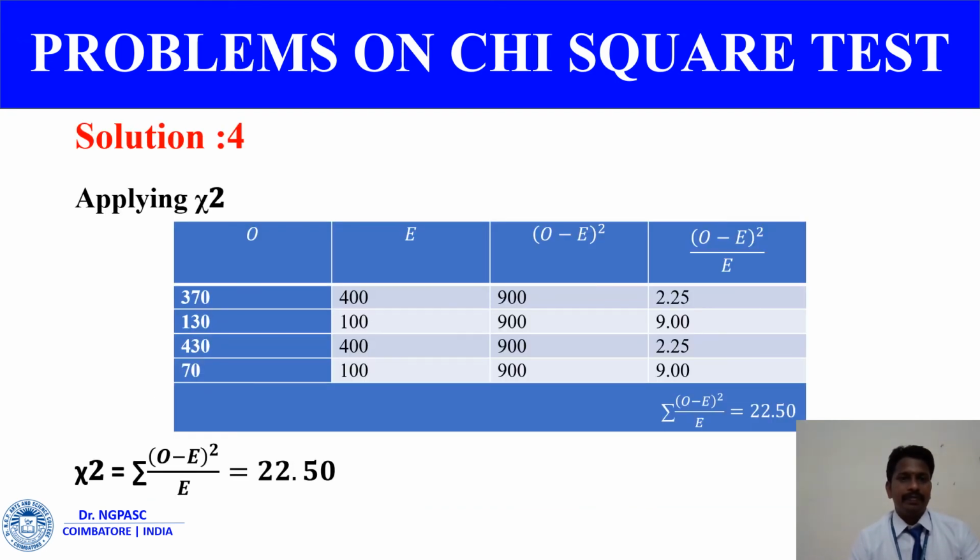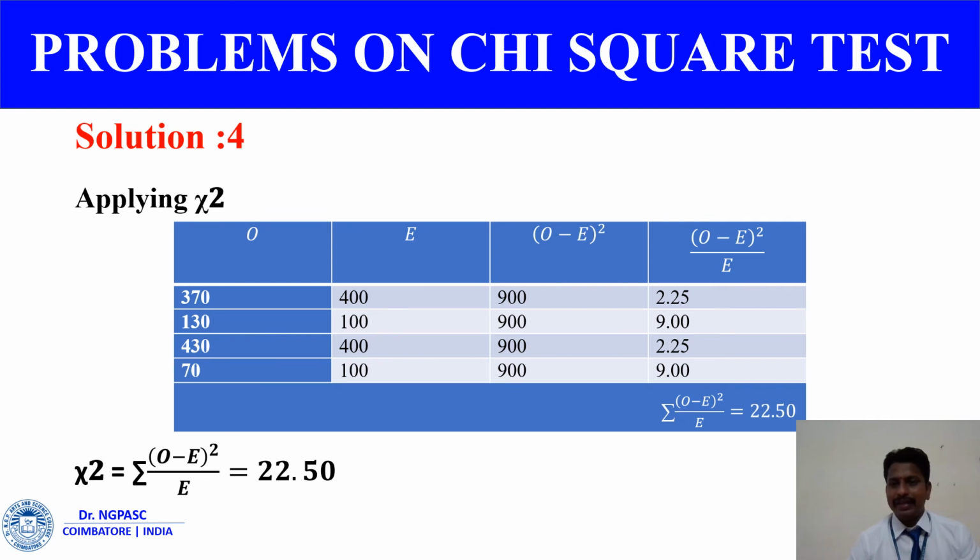Applying chi-square, observed frequency: 370, 130, 430, 70. The expected frequency: 400, 100, 400, 100.